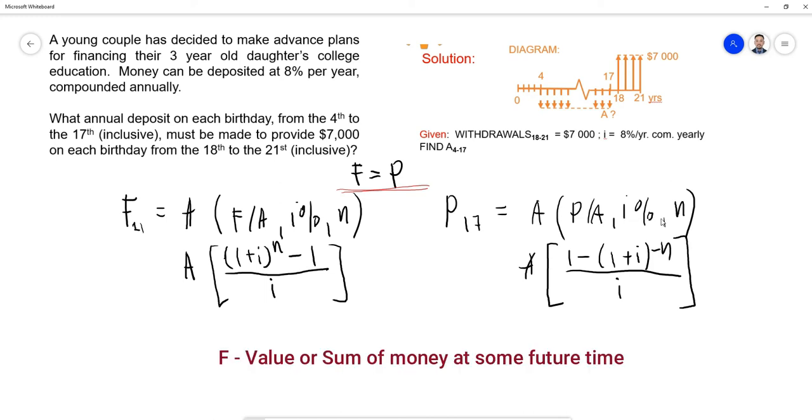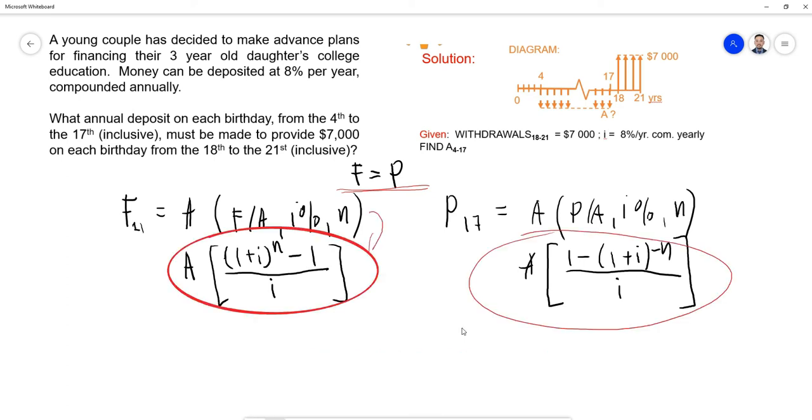F is the value or sum of money at some future time, while P is the value or sum of money at present. A is a series of periodic equal amounts of money. N is the number of interest periods, while I is the interest rate per interest period.